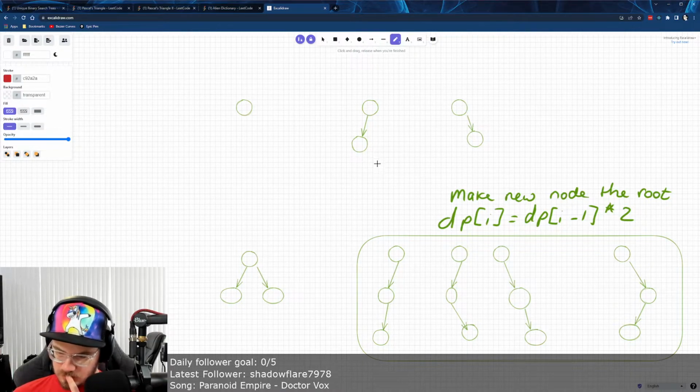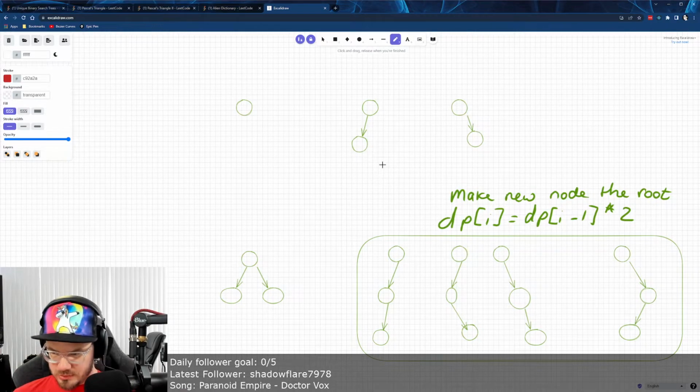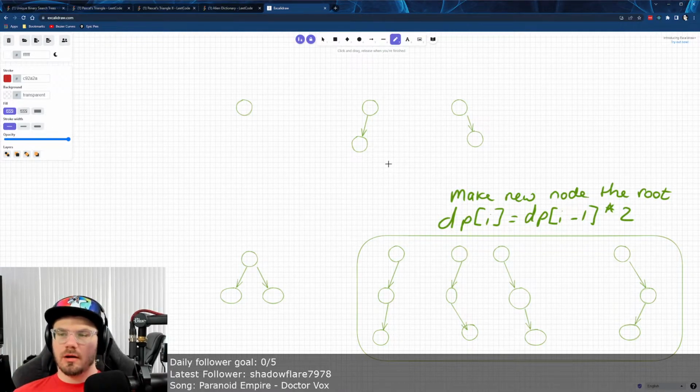Well, if we're not making it the root, then there's n-1 places that it could be a child of, and for those n-1 places, it could be the left or the right child, but it couldn't be any of those though, because some of those are already filled.